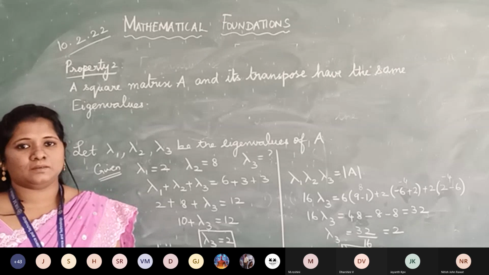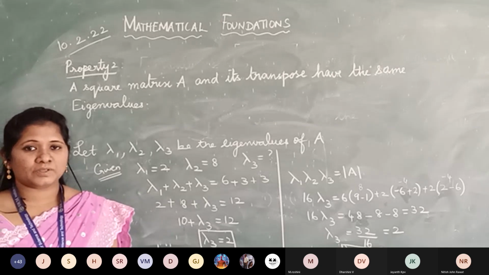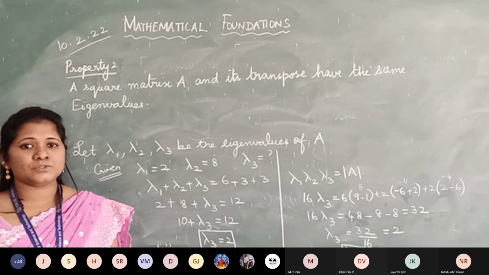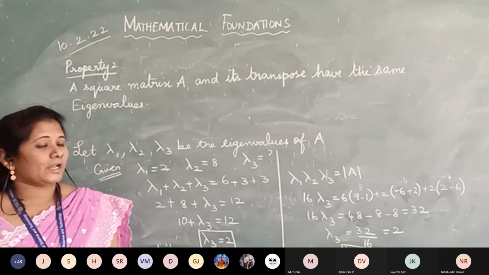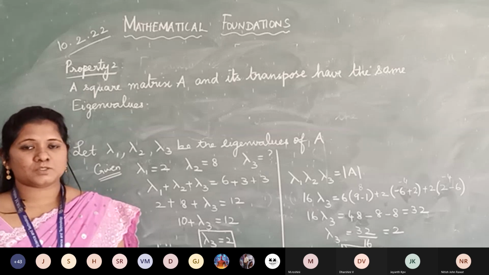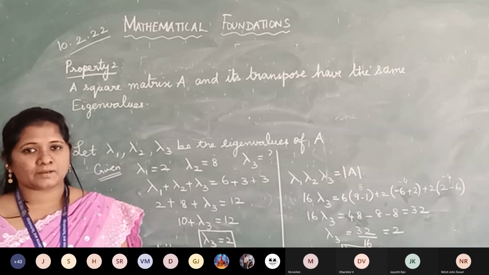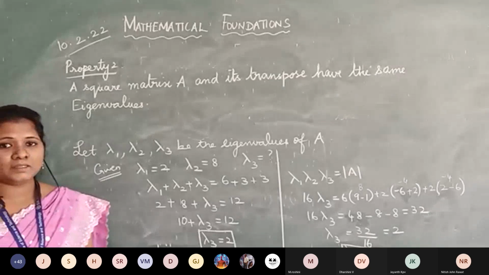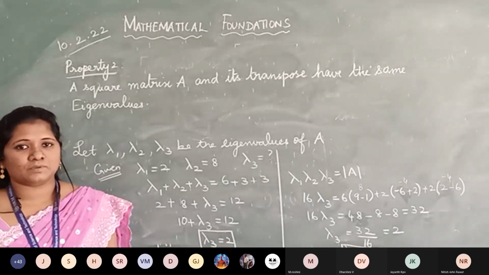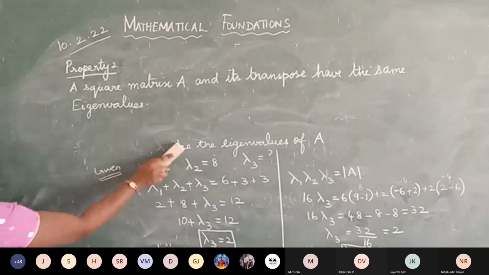You will get the same eigenvalues. Even if you find the A transpose and again solve it and find the eigenvalues, it is the same. So if they're asking in the question to find the eigenvalues of the transpose of the given matrix, and they've given the eigenvalues of the given matrix, what does it imply? The matrix A and its transpose will have the same eigenvalues from this property. So we will do one problem related to this.